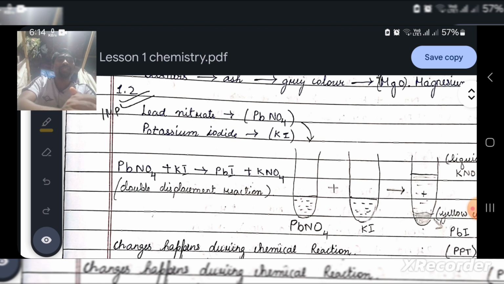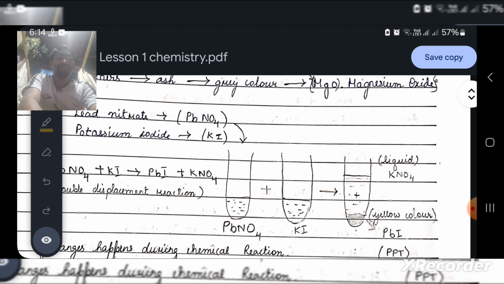Lead nitrate, Pb(NO3)2. Pb is the symbol of lead, and NO3 is nitrate. In one of the test tubes there is lead nitrate, and in another there is potassium iodide.